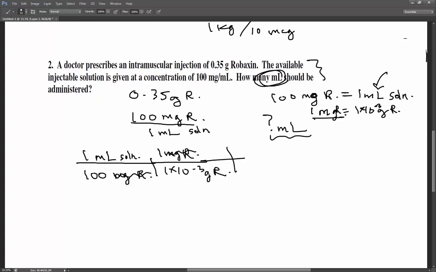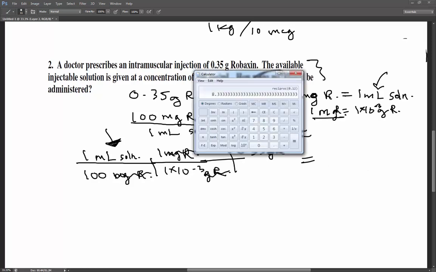And now that I've got grams on the bottom, I can use grams on top, 0.35 grams of Roboxen, so that the grams will cancel. And now I know I'm done because I have only the units left that they asked for, the milliliters of solution. So I'm going to plug this in.